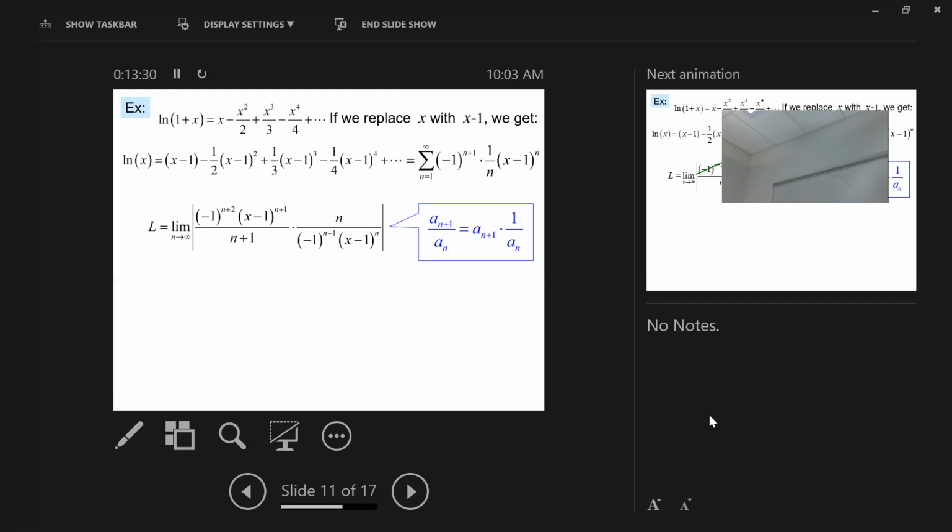And you're dividing that into negative 1 to the n plus 1 plus 1 over x take away 1 to the n plus 1 over n plus 1. In order to do that, and you divide by a fraction, you invert and multiply. That's what the ratio test is. Compare the term, the general term, to the term after it. Put the general term in the denominator and the next term in the numerator.